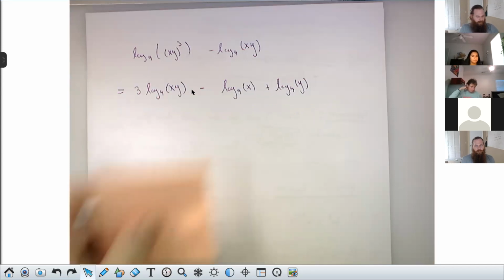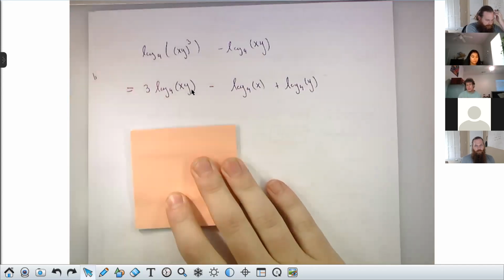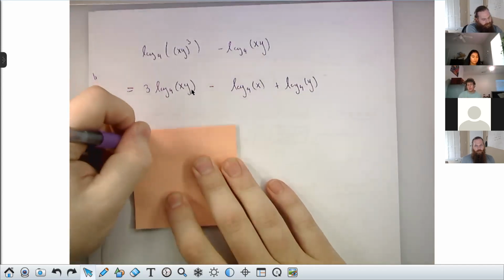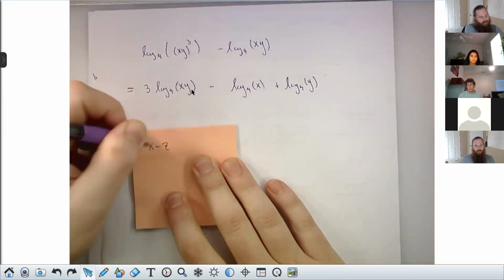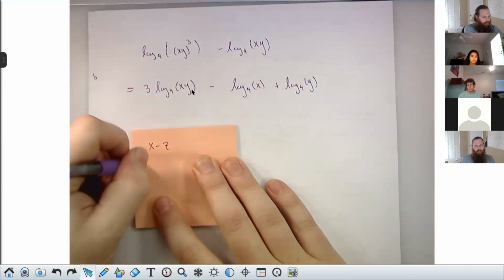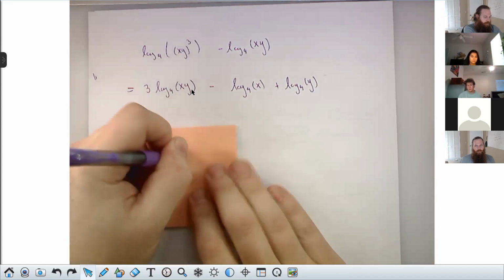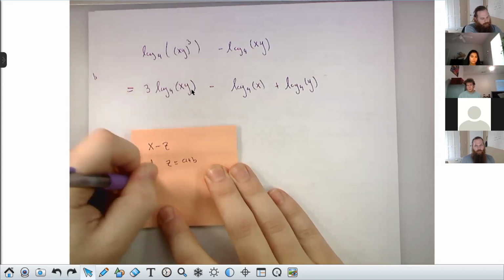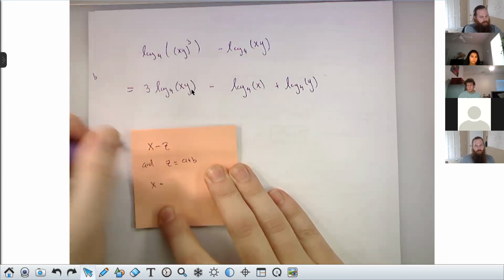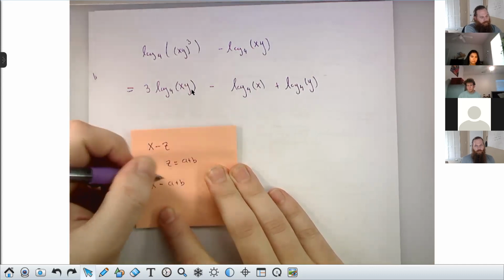I don't think so. So suppose I had something like this, and I told you that z is equal to a plus b. Would it be true then to say that this expression is the same as x minus a plus b?